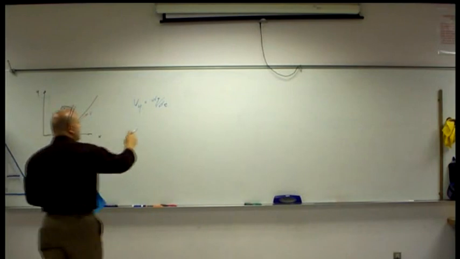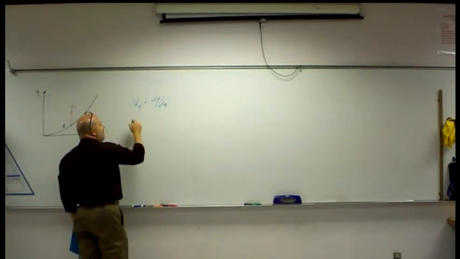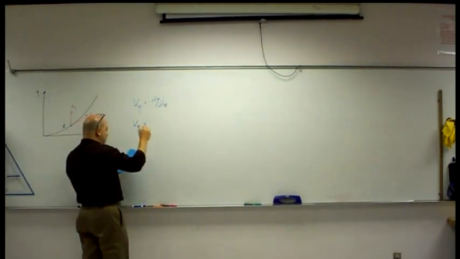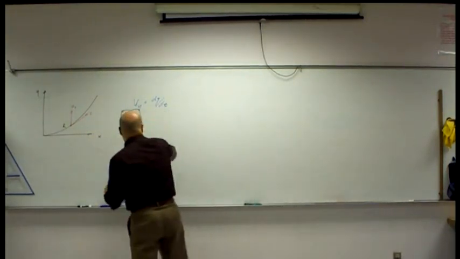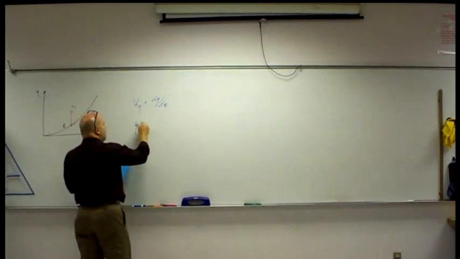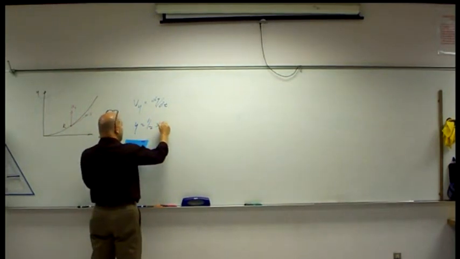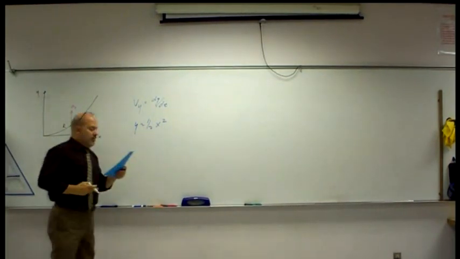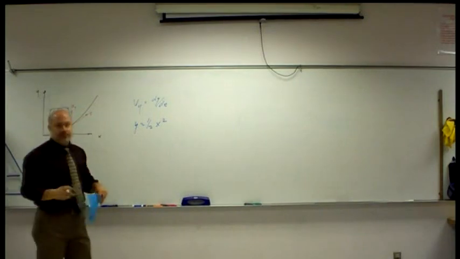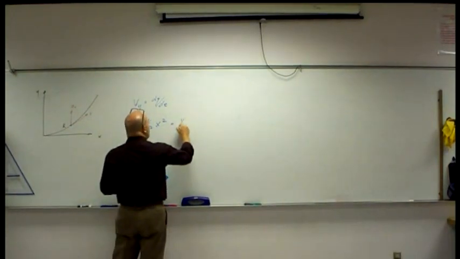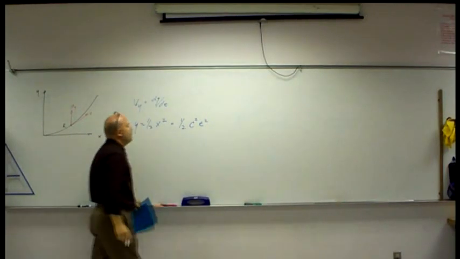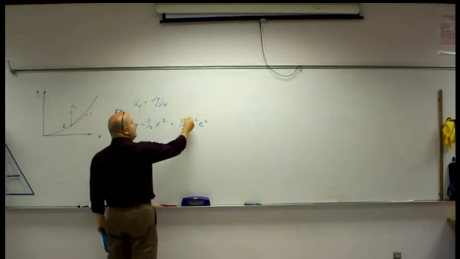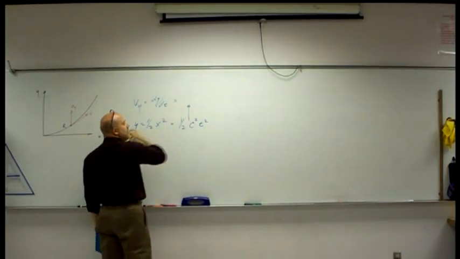I know that y equals 1/2 x squared. But what's x? ct. So it's 1/2 c squared t squared, right? If I take the derivative of that, then what do I get?